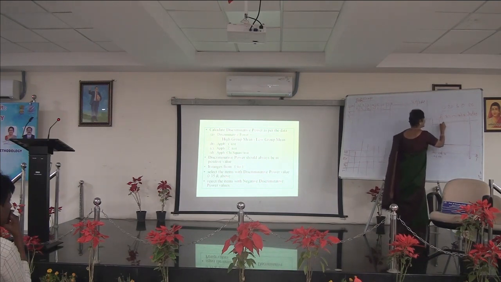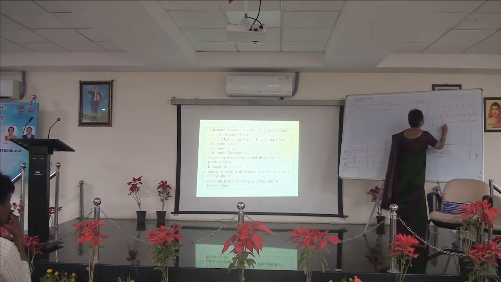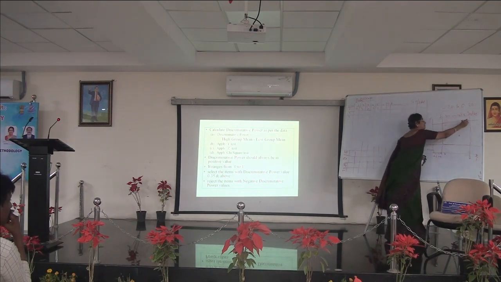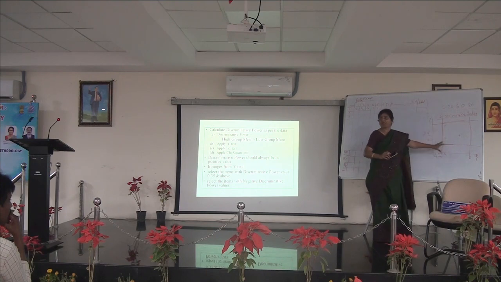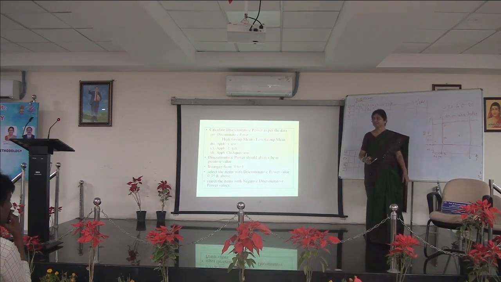Those items, this is item 1, this is item 2, this is item 5, item 6, item 12, that fall between 0.2 and 0.8, you have to take into account, and the remaining you have to leave, if it is an achievement test.